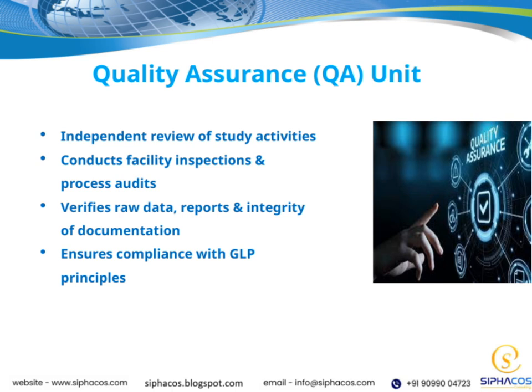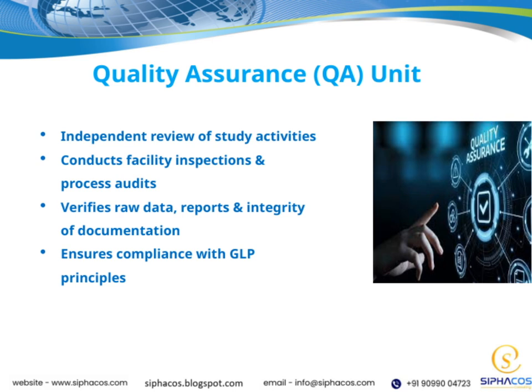Additionally, the QA unit verifies raw data, reports, and the integrity of all documentation. This step is vital because accurate and reliable data is the backbone of compliant and credible studies. We need to ensure that everything is properly documented and that the data hasn't been altered or compromised.